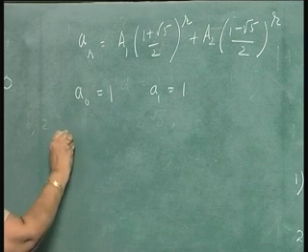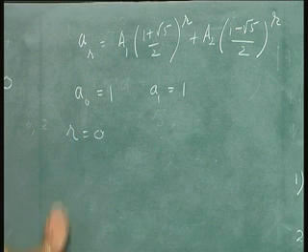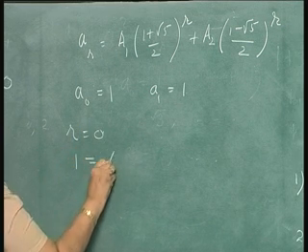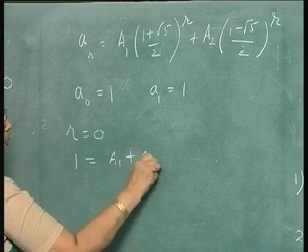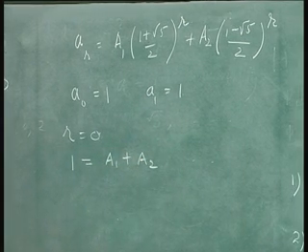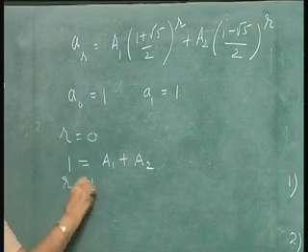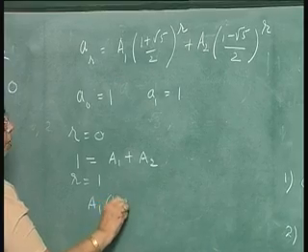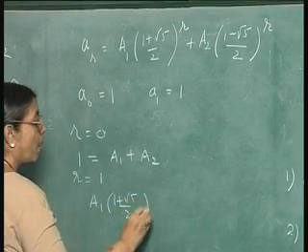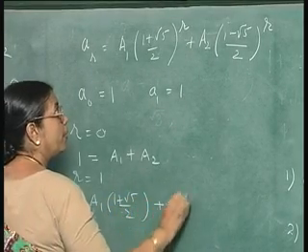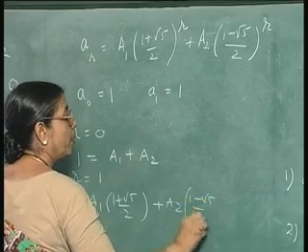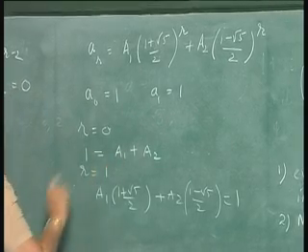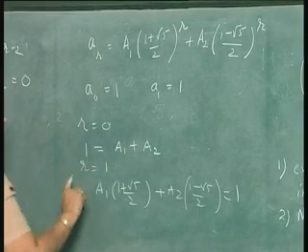So, putting r = 0, you will get 1 = A1 + A2, and putting r = 1, you will get A1 (1 + root 5)/2 + A2 (1 - root 5)/2 equal to 1. But A1 is 1 - A2.